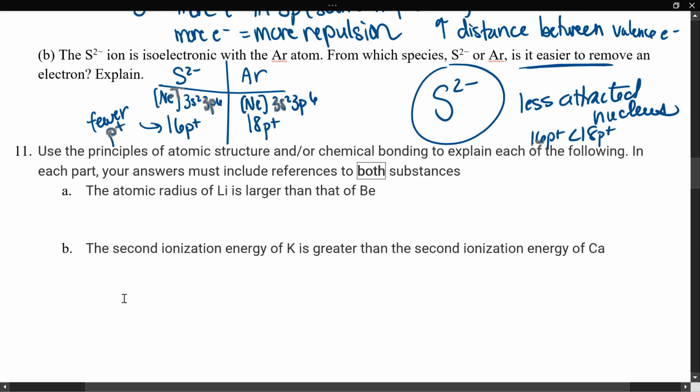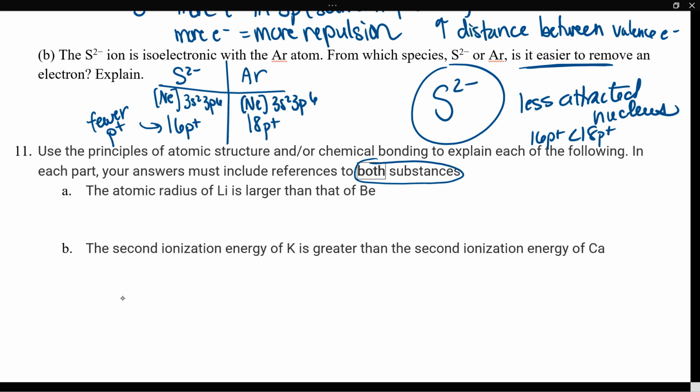Let's take a look at this one. So some more compare and contrast. And notice how when you're answering this type of question, you've got to make sure you refer to both substances. That's where making a T-chart can kind of help you out. So lithium, beryllium. We look at their effective charges. We'll see that lithium has an effective nuclear charge of +1. Beryllium's is +2. They both have their valence electrons in the second shell.